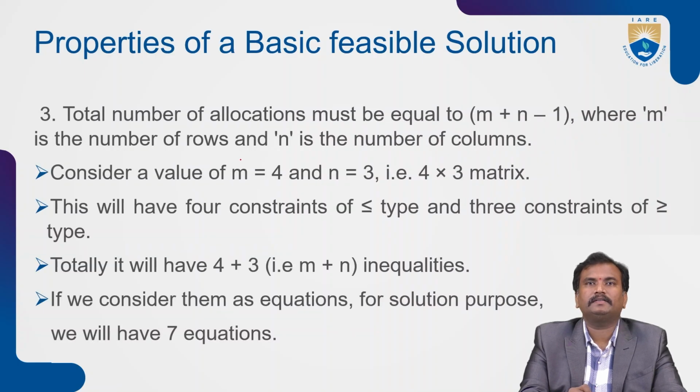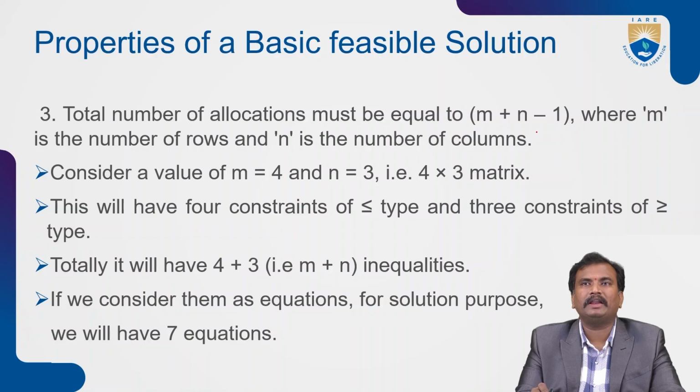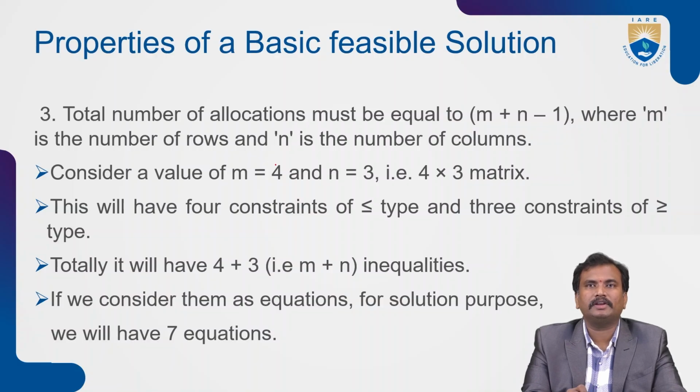The next one is that the total number of allocations must equal m plus n minus 1, where m is the number of rows and n is the number of columns. Consider m equal to 4 and n equal to 3, that is a 4 by 3 matrix.